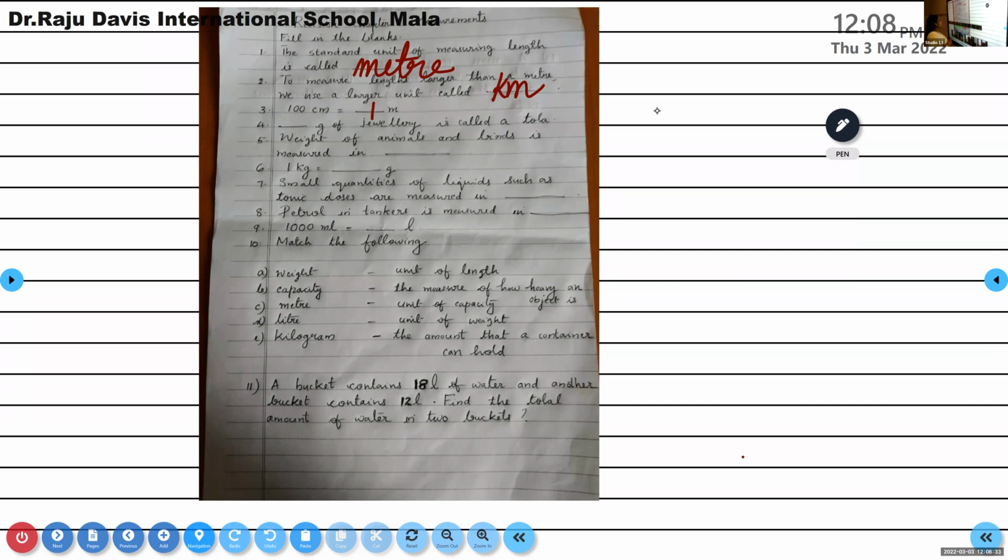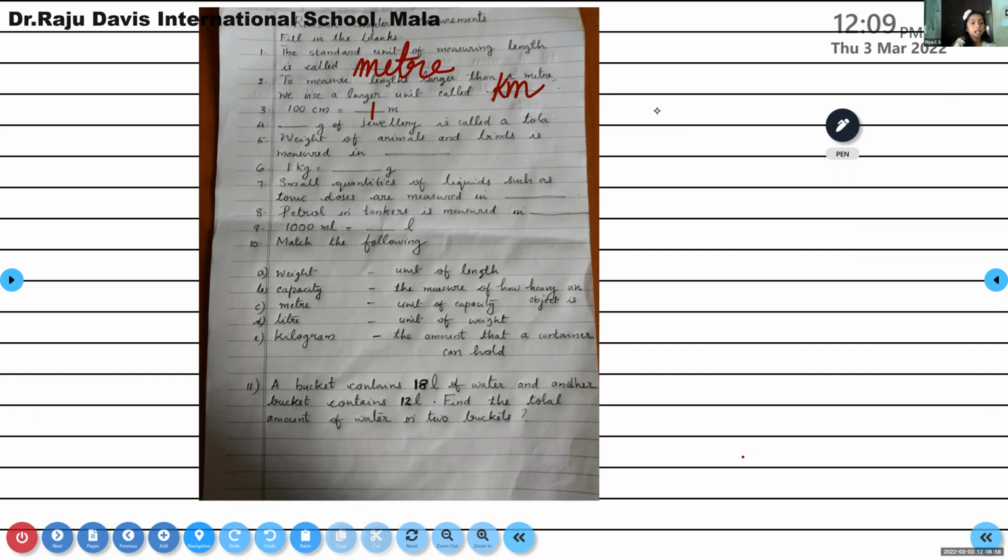Diya, tell me the fourth question answer. Dash gram of jewelry is called a tola. Answer, Diya?